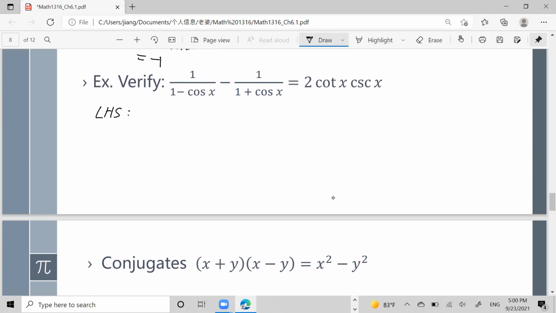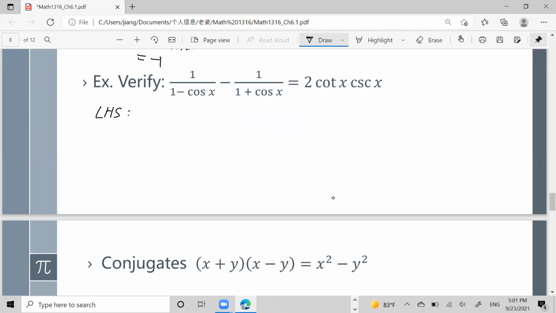Since this side is a fraction and this side is not a fraction, I want to make them together into one term, and then simplify the expression. So let's do it. This one minus this one. If they have the same denominator, I can do the subtraction.